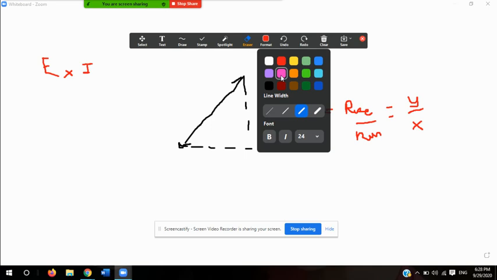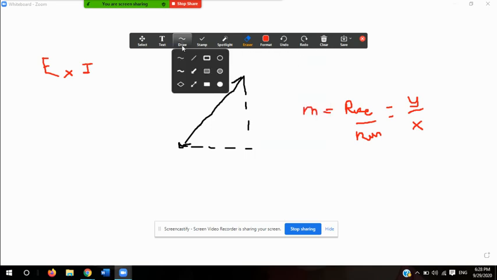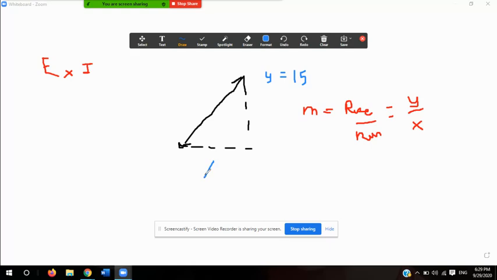So the rise, let me see, blue. So the rise is 15 inches. So we'll say here that y equals 15. And the run is actually 54. So x equals 54.